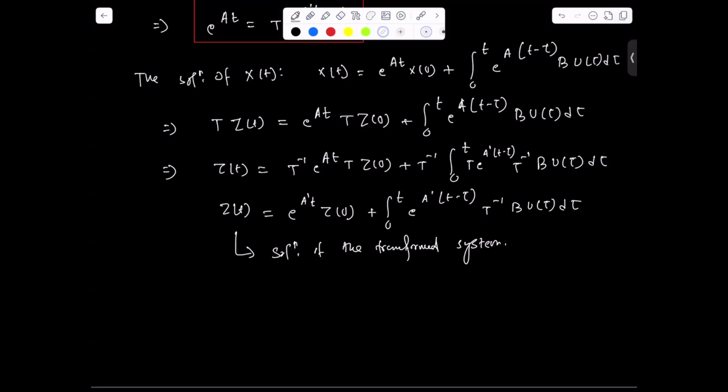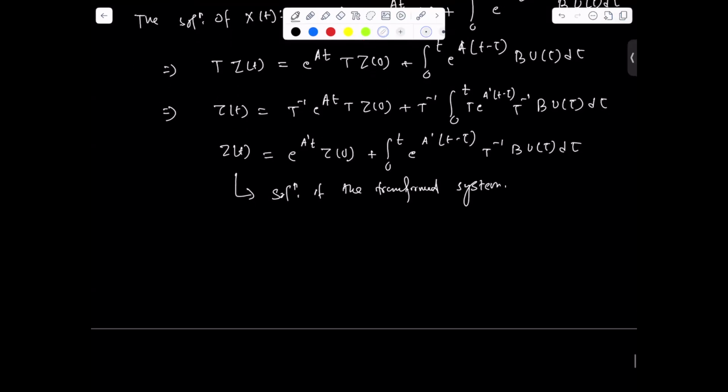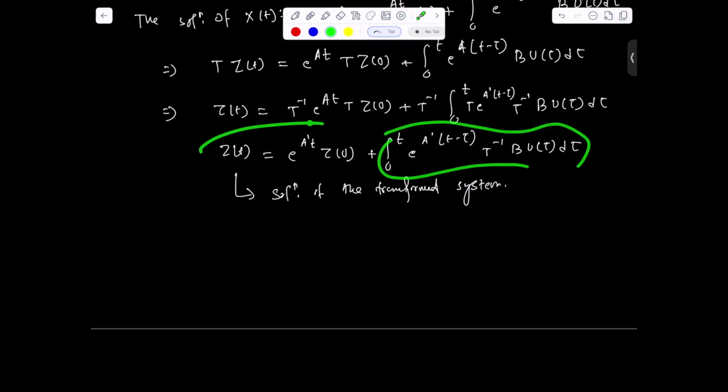And if here you consider an unforced or uncontrolled system, this part is going to be 0. So we'll have this equation.